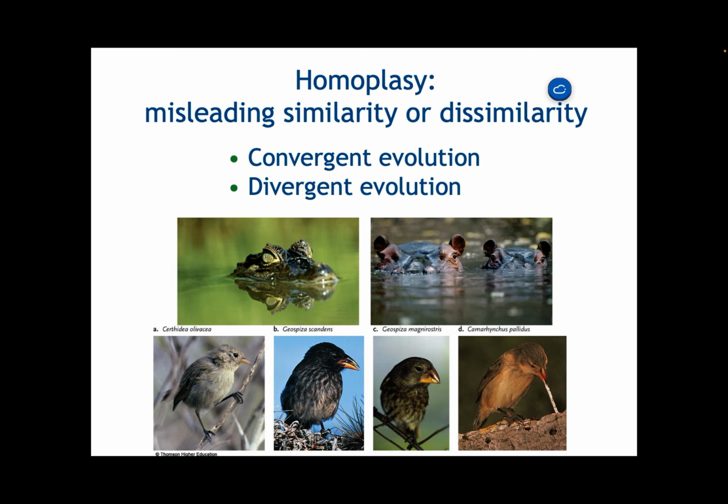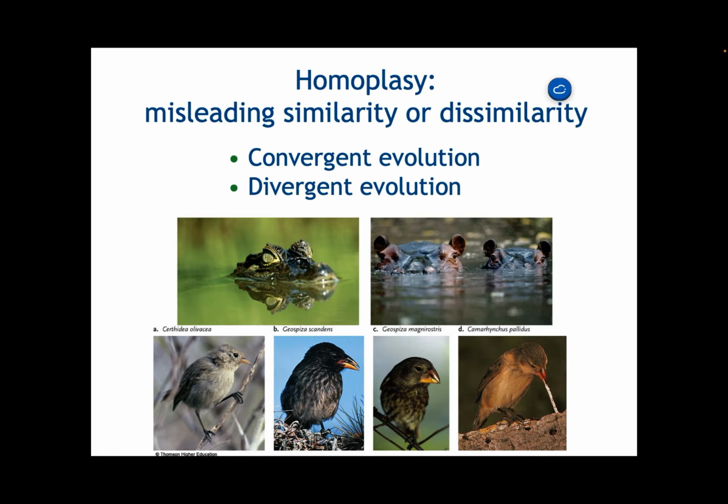We might think that these things are not very closely related to each other at all, but in fact they are. They all had a most recent common ancestor, probably as little as just 2 million years ago, maybe less. So this is a case of divergent evolution. These lineages, or these traits in these lineages, have evolved so fast that you might look at them and say, yeah, they're not closely related, but they might actually be closely related.